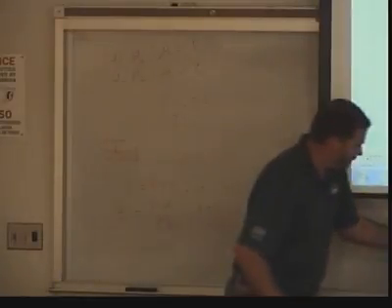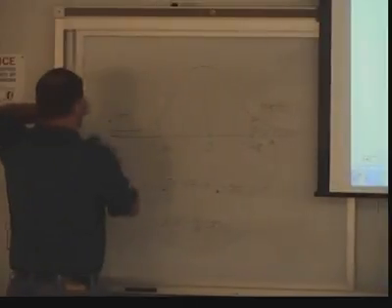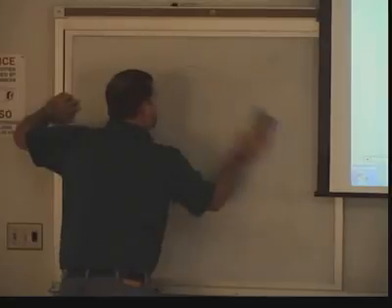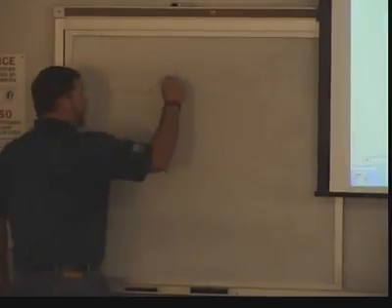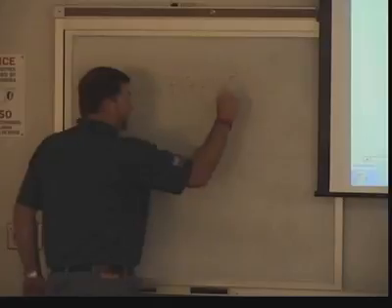So what's the probability? My p-value equals the probability that Z is less than negative 1.28.